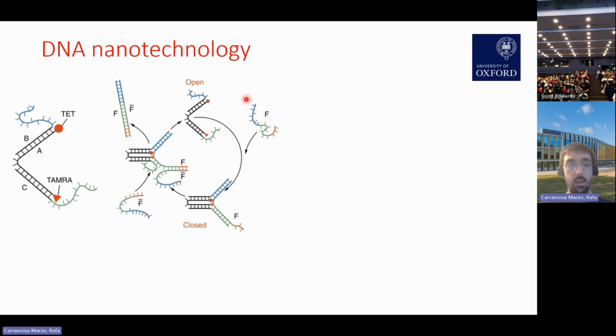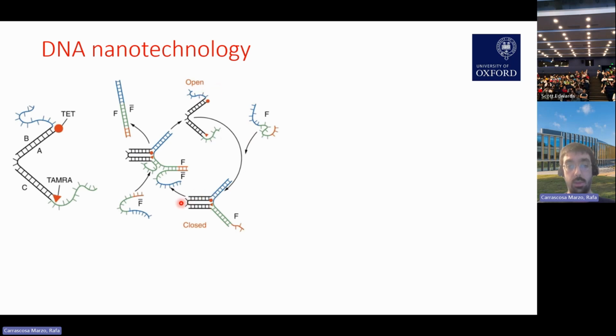In this case, the blue color here and the blue color here means that they are complementary, meaning that the sequences are reverse complementary, because, again, I won't go into too many details, but the DNA strands in a helix are anti-parallel, so they go in opposite directions. They don't have an axis of symmetry. So the blue goes with the blue, the green goes with the green. Basically, by introducing this sequence, it manages to put together these two strands.